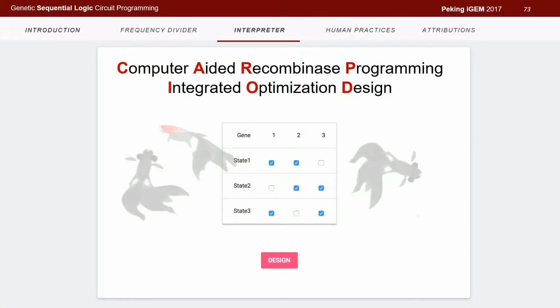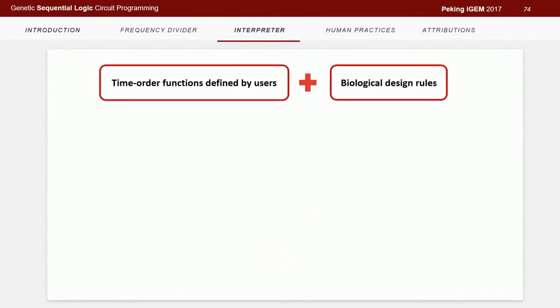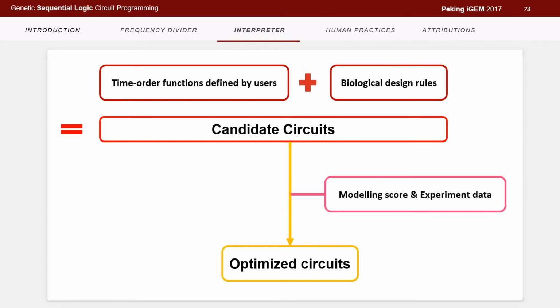We designed a software called Carpiot to design, evaluate, and select the relatively better circuit. Users only need to define the state numbers and the cell functions in every state. Our software will generate the selected circuit based on a lot of rules and data, such as the performance and characterization of recombinases and the properties of some functional DNA units. Through Carpiot, we get all possible circuits for our designed fluorescence display and the best circuit for these types of cell.